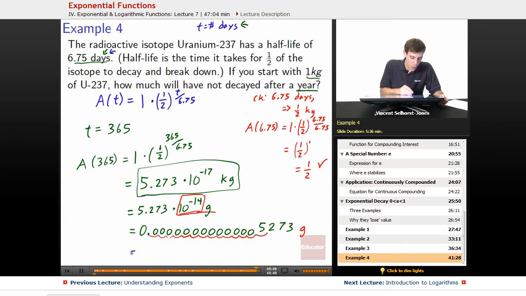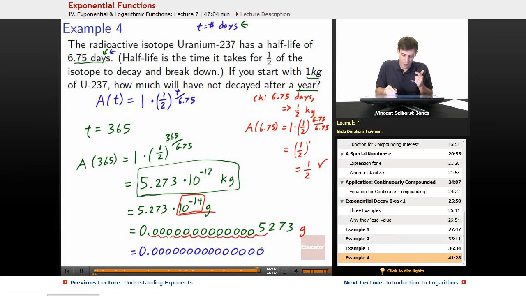Or alternatively, we could also write this with kilograms as the incredibly tiny 0.1, 2, 3, 4, 5, 6, 7, 8, 9, 10, 11, 12, 13, 14, 15, 16, 5.273 kilograms.